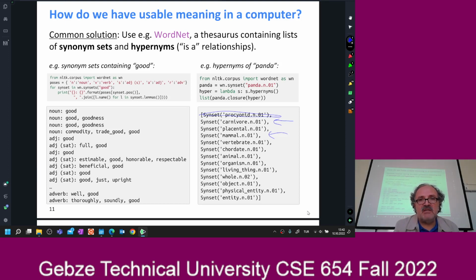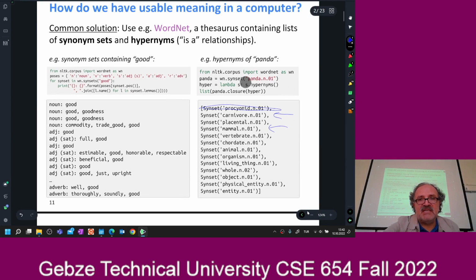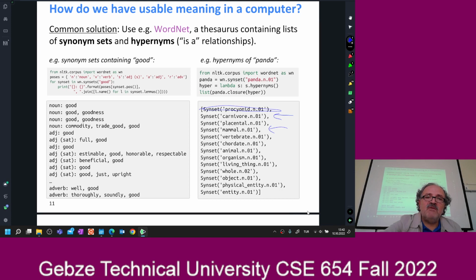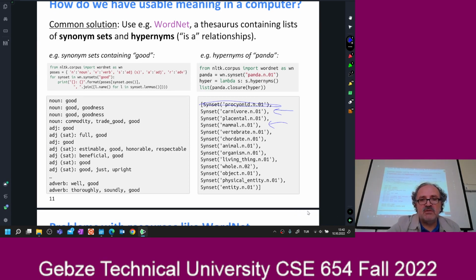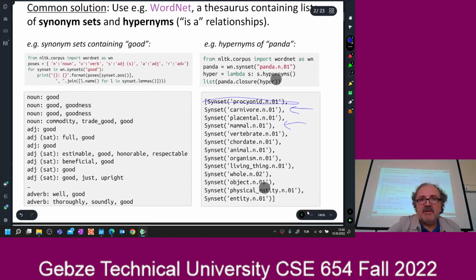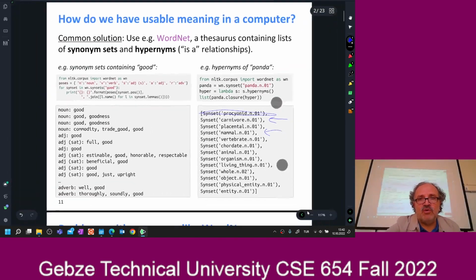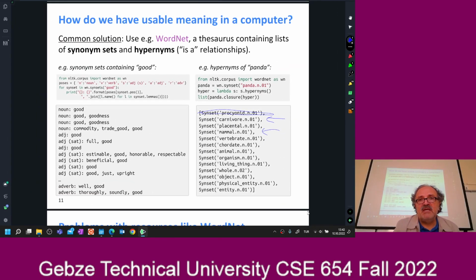For example, they define a hierarchy of the words, such as the is-a relationship, giving lots of is-a relationships between panda and some other words. You know object-oriented programming, right? In object-oriented programming, there is an is-a relationship between two classes if you derive or extend one class from the other one.